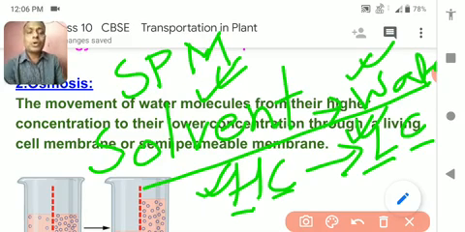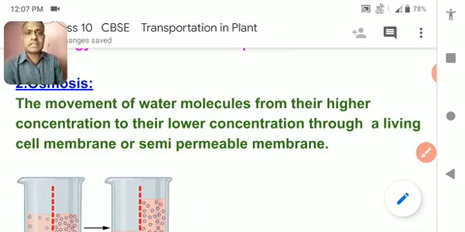Do you know what is called the semi-permeable membrane? Semi-permeable membrane is nothing but the cell membrane. So if two solutions are separated by a cell membrane, the water moves from their higher concentration to their lower concentration.